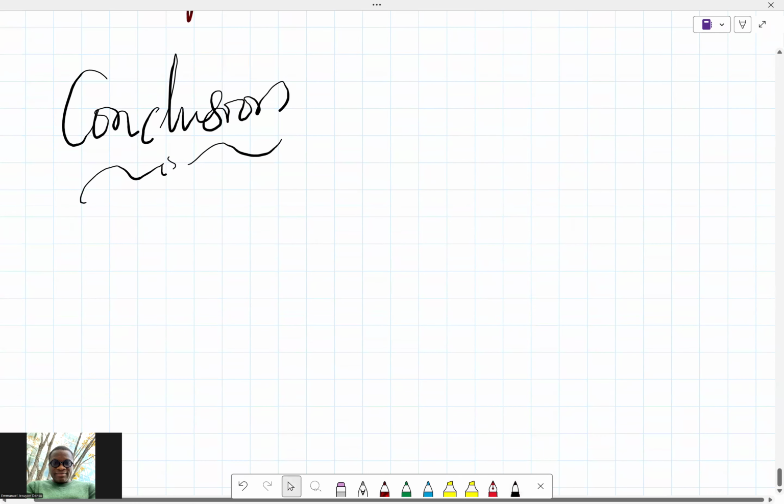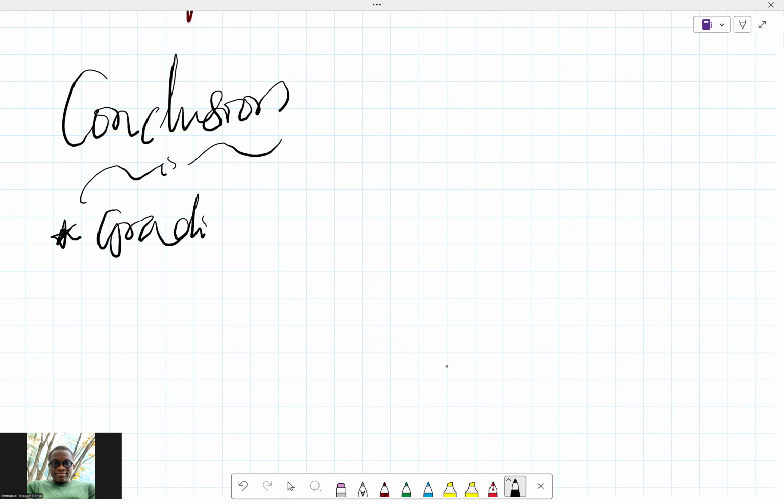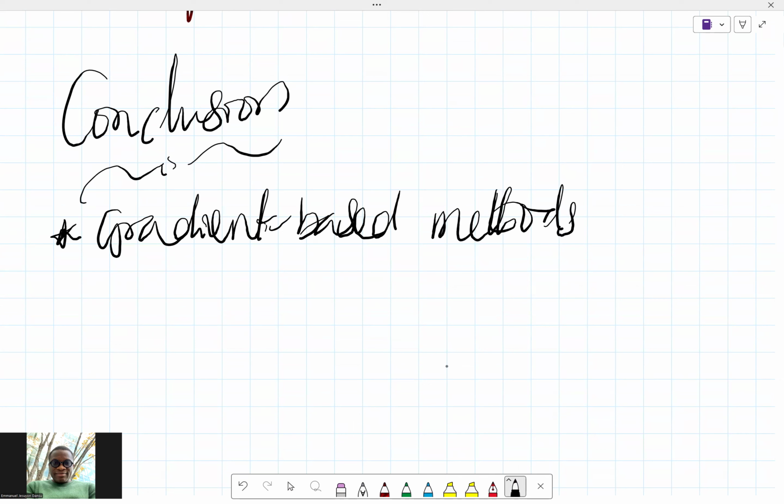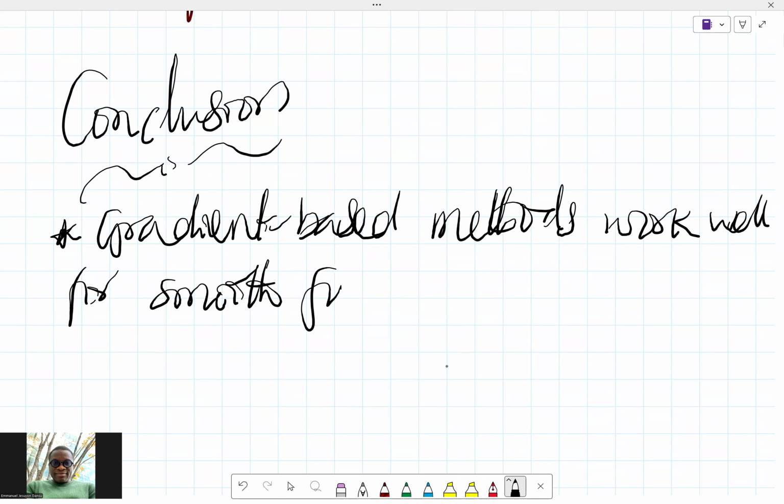Point one, gradient-based methods work well for smooth functions. That's one point right there.